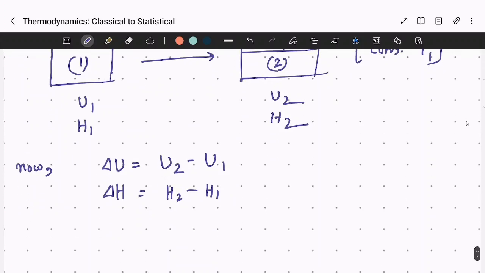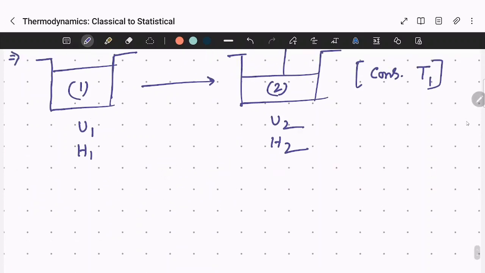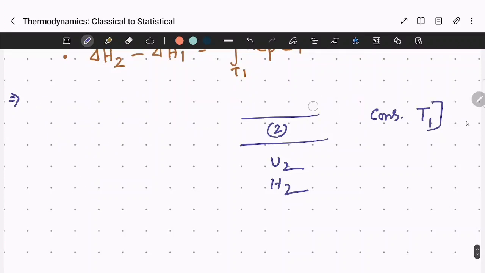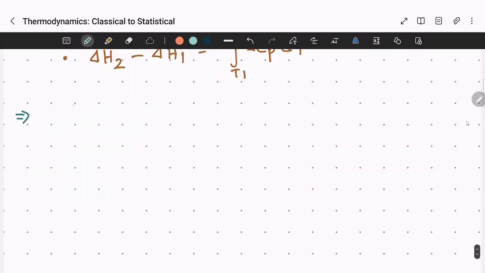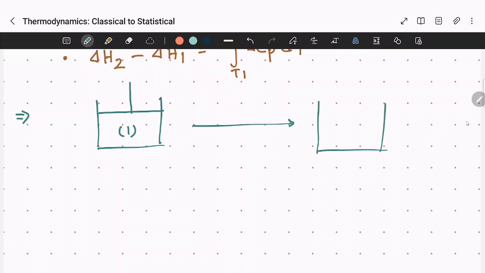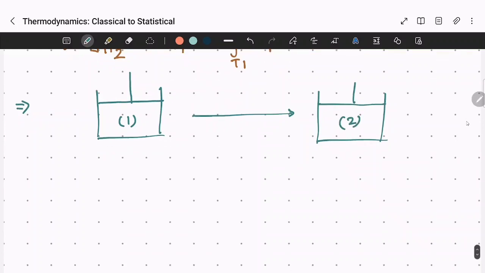Get it? So then we have to just consider. Let me draw clearly so that it can be understandable. This is the rough drawing. So now let me draw it properly. Let's say this is our first state. This is state 1. We are changing to state 2, at T1.